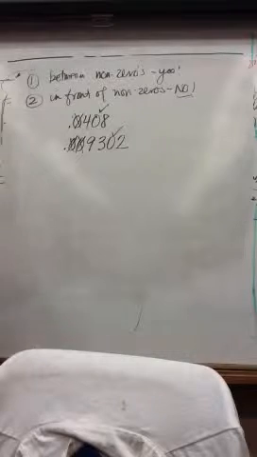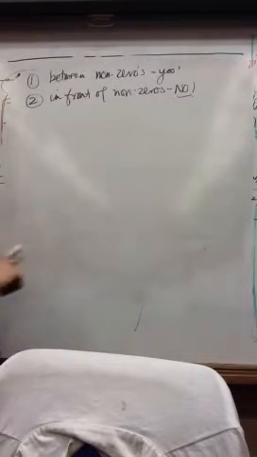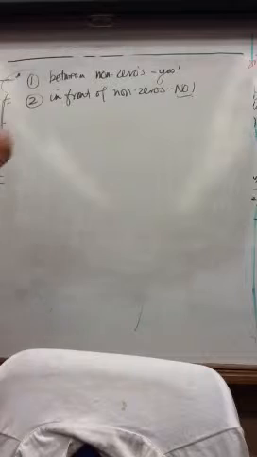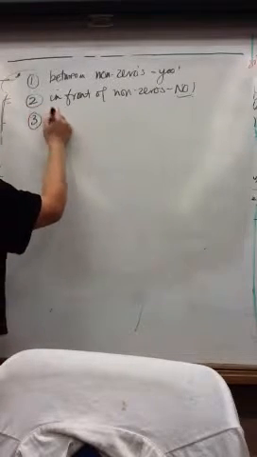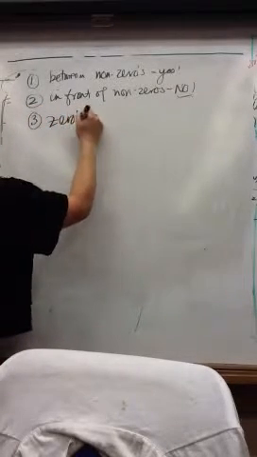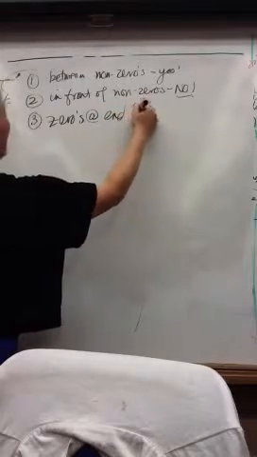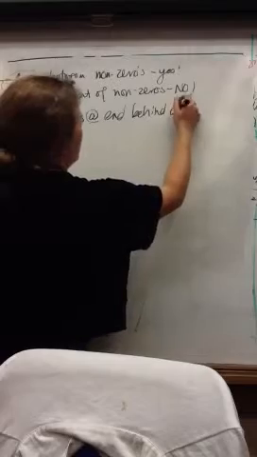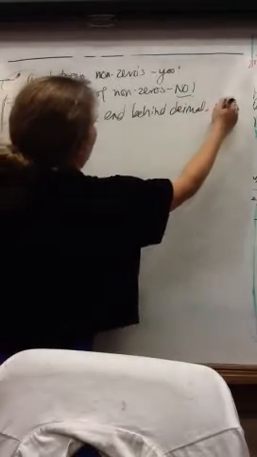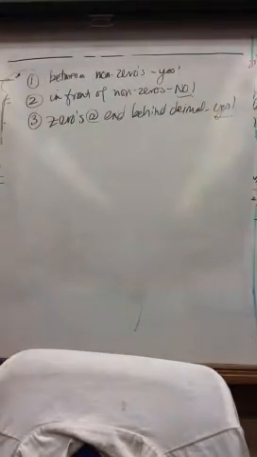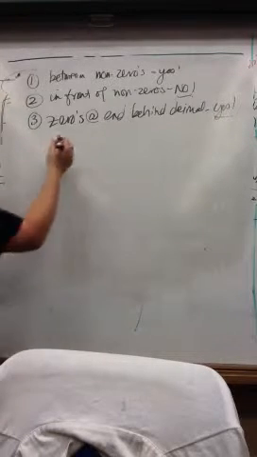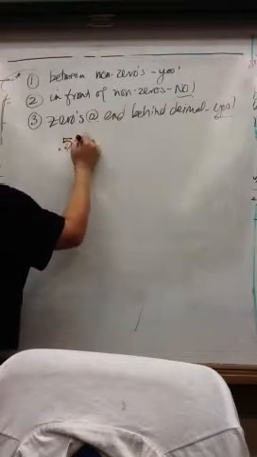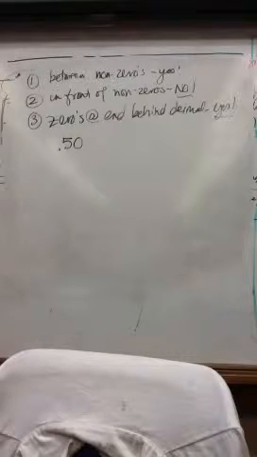Okay, so far so good, yes? Good. Now let's add in our third rule. Zeros at the end behind the decimal, so that would be to the right of the decimal, are significant. So if we have this number, 0.50, how many sig figs does that have? 2.